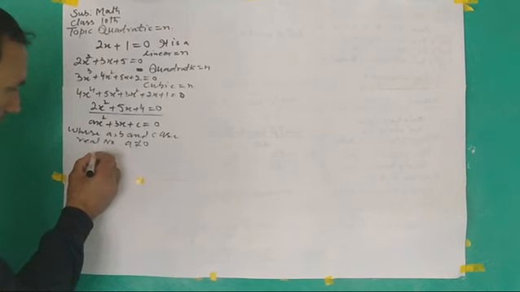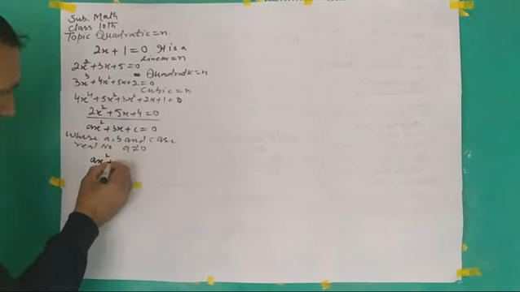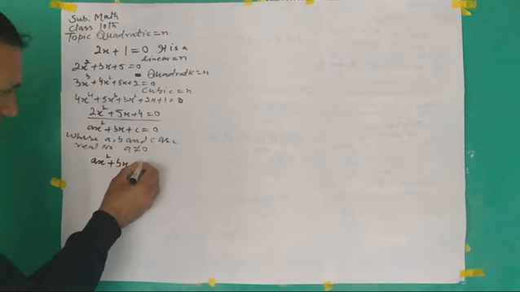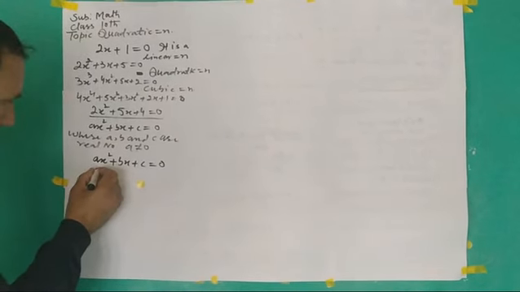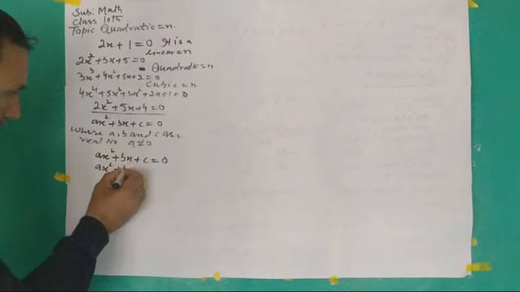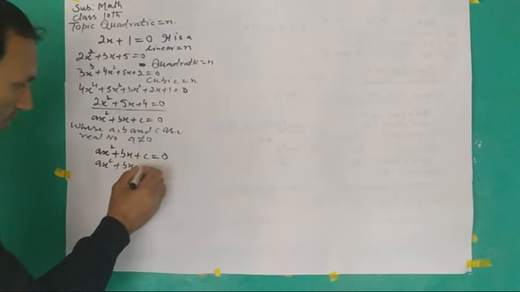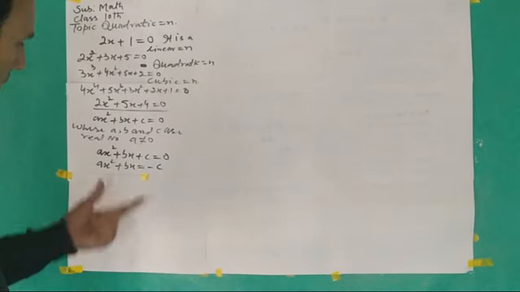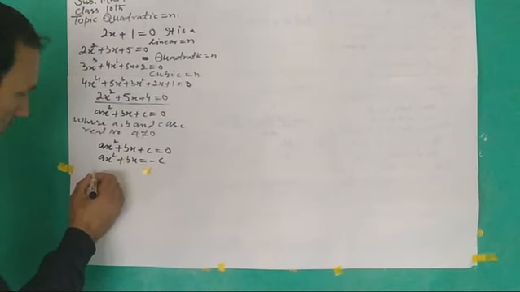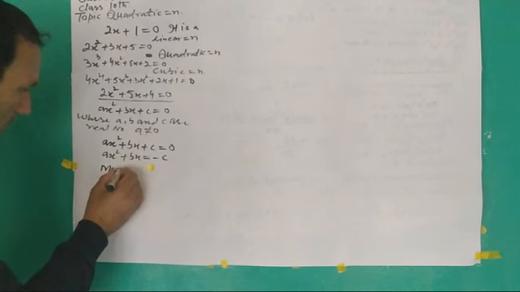This is ax square plus bx plus c is equal to 0. This is ax square plus bx. Now transpose this c from left to right, it becomes minus c. Now multiplying 4a both sides.